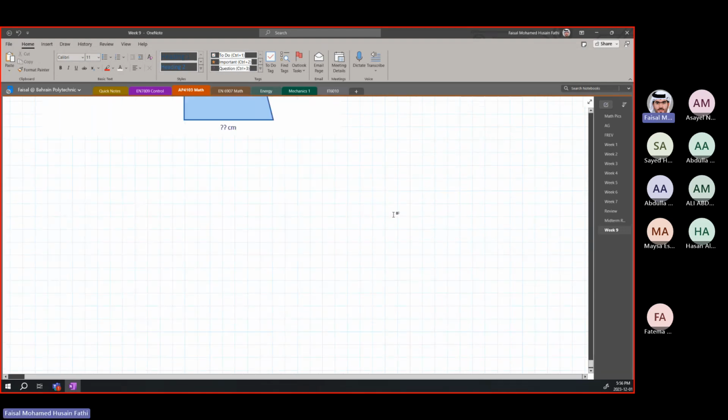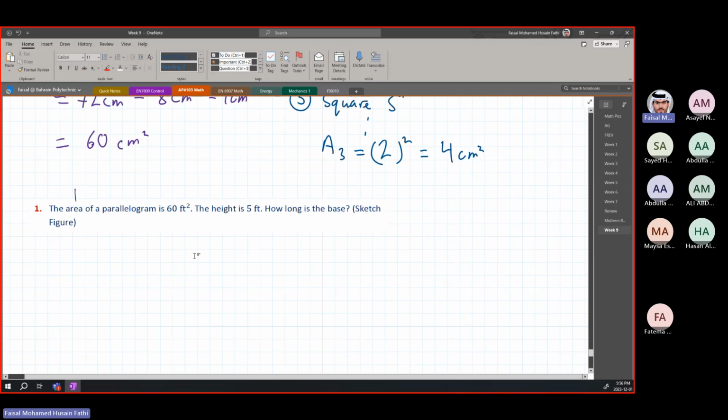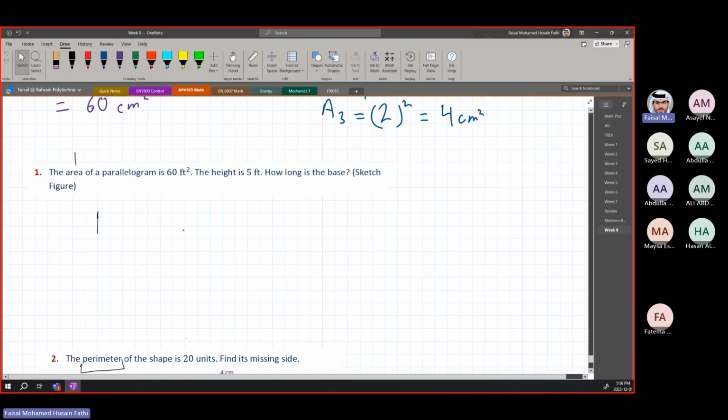Okay. Moving on to the next question. So again, I'm just going to write the answer here. So this was base times height is equal to the area of a parallelogram. Okay, so base times 5 is equal to area, which is 60 given in the question. Base is going to be equal to 60 divided by 5, which is 12 feet.